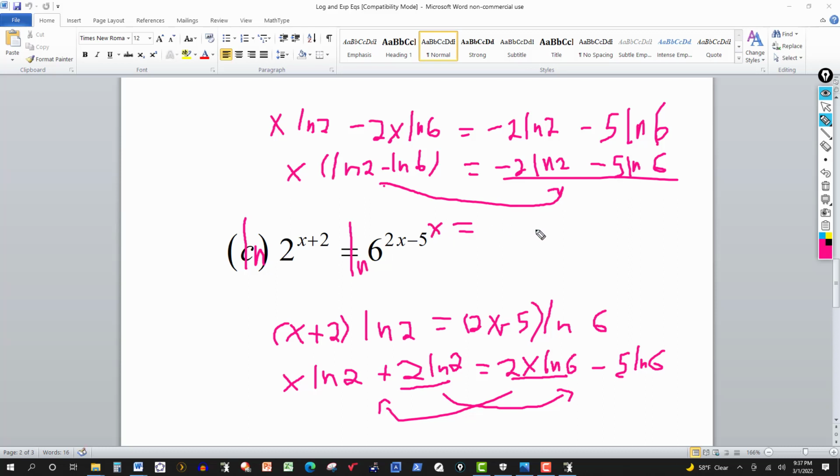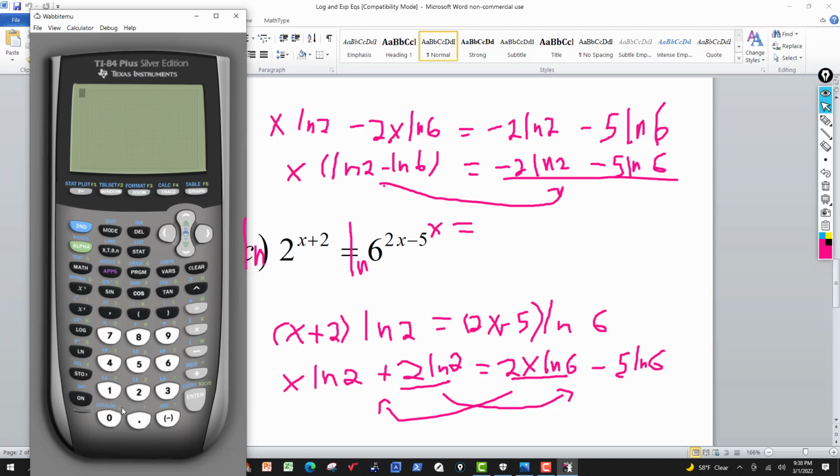So just to save some time here, I'll take the calculator out. I'm going to do the right side first. So I'm going to say minus 2 ln of 2, and that's minus 5 ln of 6. I'm just going to hit enter, compute that, and then do the division. So hit enter, get that. And then I'm going to hit divide. And I want to make sure I have parentheses here.